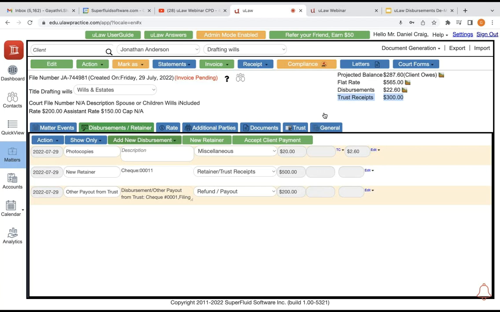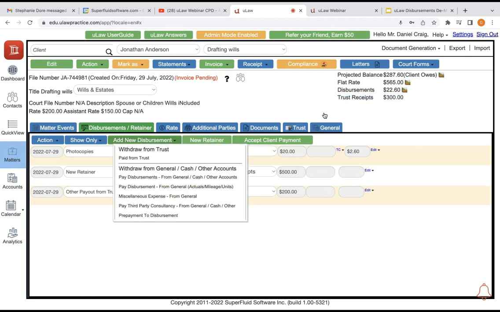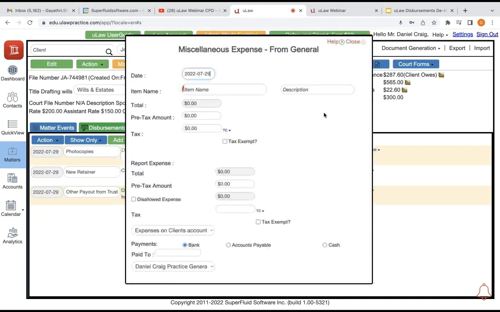Proceeding one step further, let's assume you have some disbursement that was withdrawn from your general, cash or any other account. Could be even your personal account, or it could be your business credit card, whatever. This is the time when I mentioned that could be used with a profit motive. For example, there was some courier that was sent out.